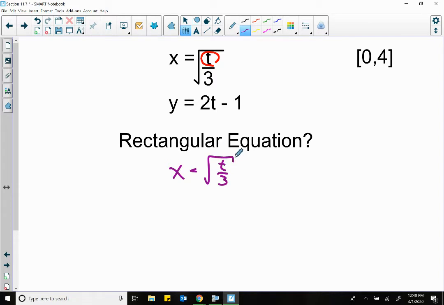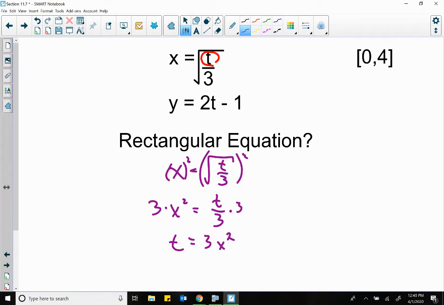How do I get rid of a square root? We square it. That gives us x squared equals t over 3. How do I get t by itself? Multiply by 3, multiply by 3. t is equal to 3x squared.